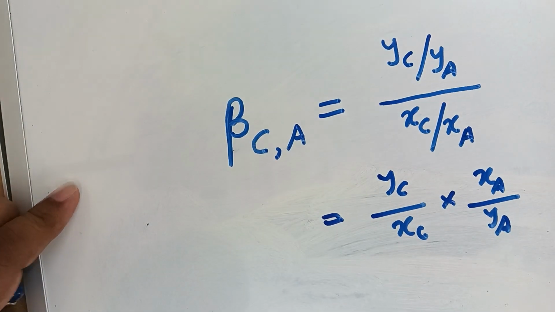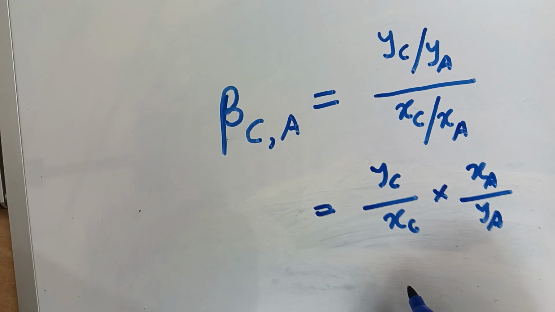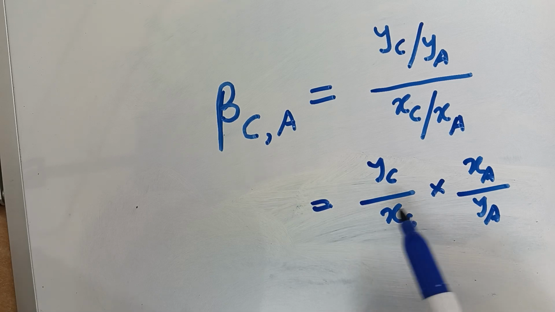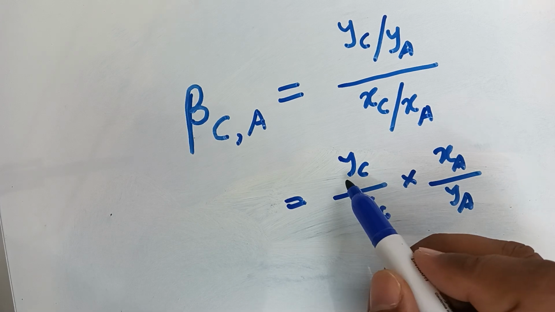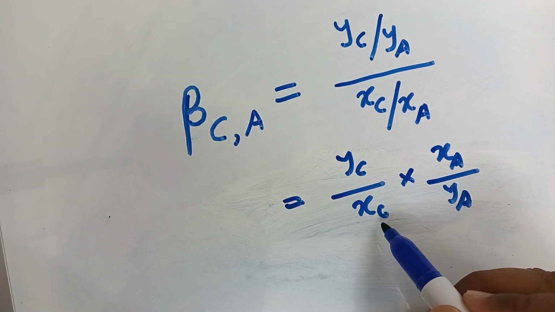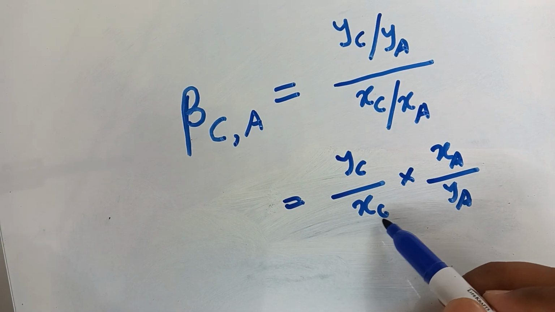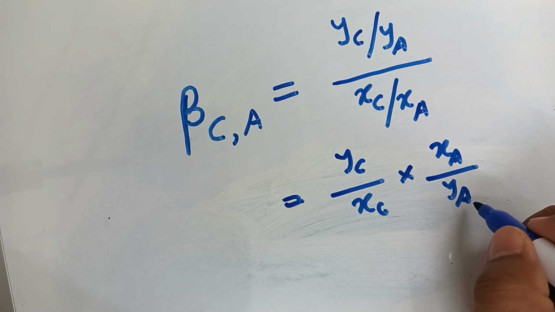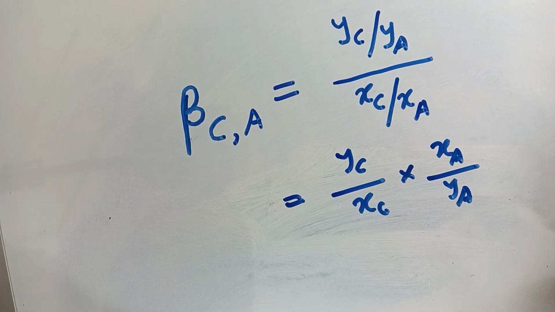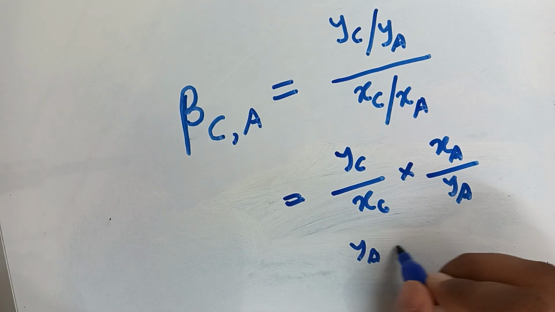So when complete immiscibility happens between the solvent and the carrier, you will have some value of solute in the extract and some value of solute in the raffinate. However, the value of YA in the extract is going to be equal to 0 because it is completely immiscible. No carrier is going into the extract phase, so the value of YA is going to be equal to 0.